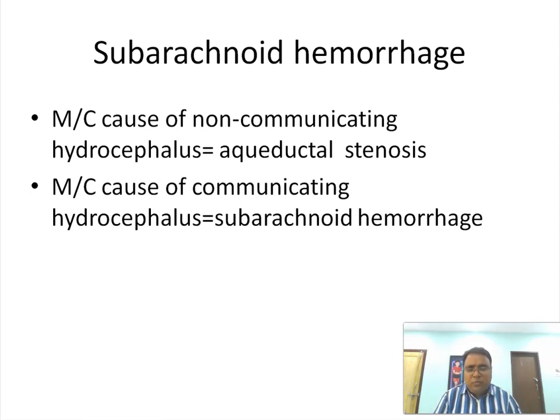We can get some confusing questions where we think the answer is this, but it is not. If communicating hydrocephalus is asked, answer subarachnoid hemorrhage. If non-communicating hydrocephalus, the answer is aqueductal stenosis.